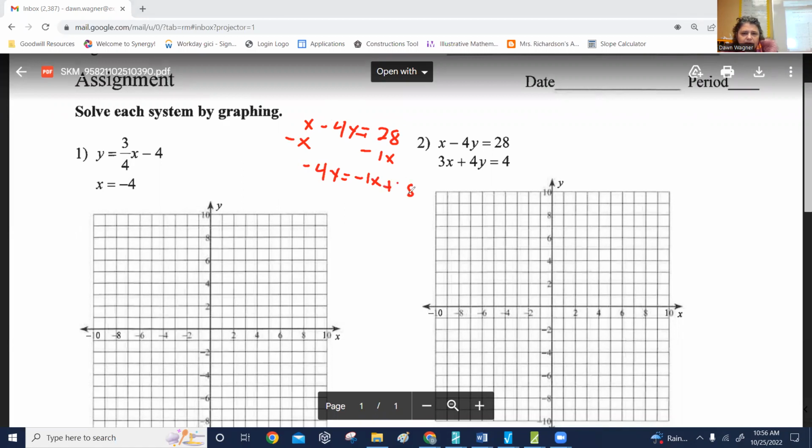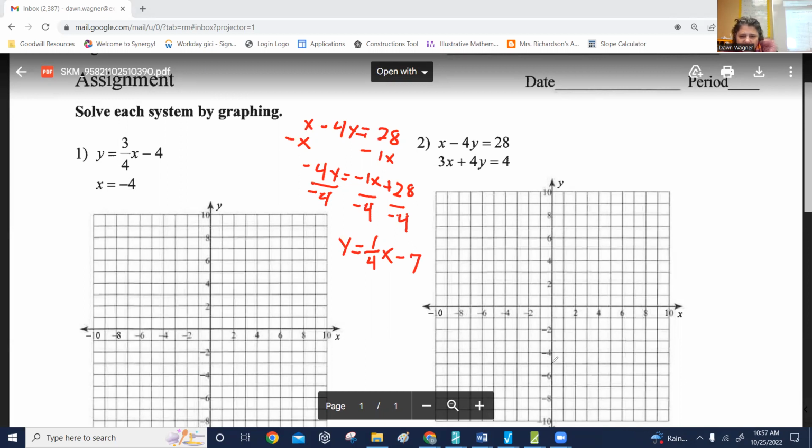We divide by negative 4. So this was correct. Divide by negative 4, and you get y is equal to, a negative over negative is positive, and you have x. And then this should be minus 7 here.